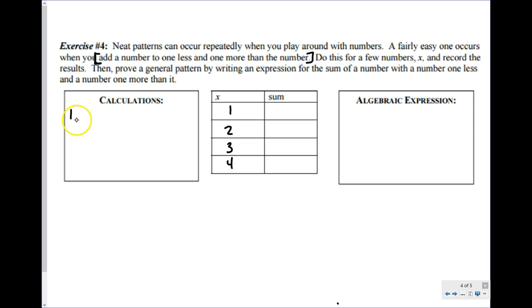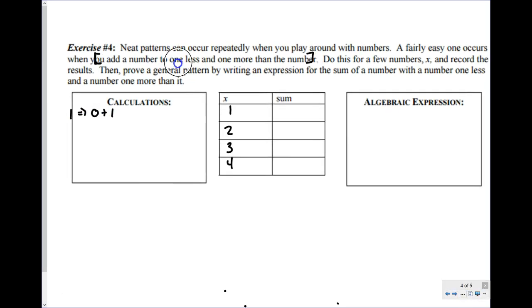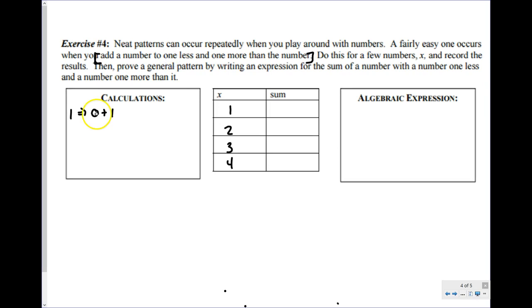So if I start with the number 1, what am I going to do? Add a number to one less and one more than the number. So I have the number 1, and I'm going to add one less than the number. What's one less than the number 1? 0. I'm going to use colors to help with this because I think this might be a little confusing.